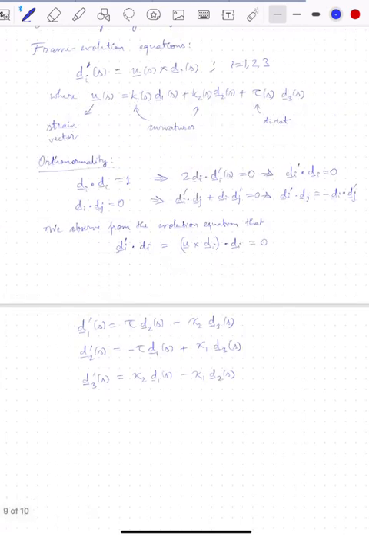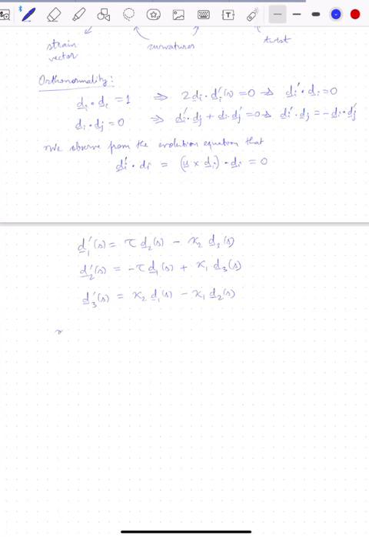And as we recall, at the cost of repeating myself, kappa 1 and kappa 2 are curvatures about d1 vector and d2 vector, and tau is the twist about d3 vector.